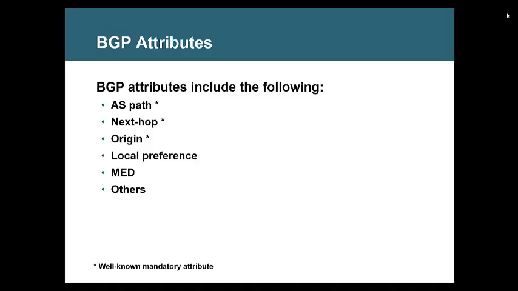Origin describes how this network is introduced into BGP. We can introduce a network in two different ways. One, by advertising using the network command. The other by redistribution. We can take from some other source like OSPF and redistribute it into BGP.